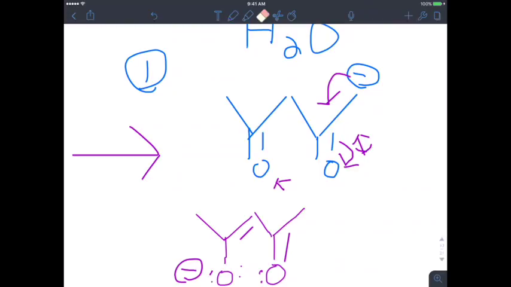Not an option, that oxygen. So we only have one more state that we can create. The other resonance structure would look like this molecule here. And there's a double bond here now.